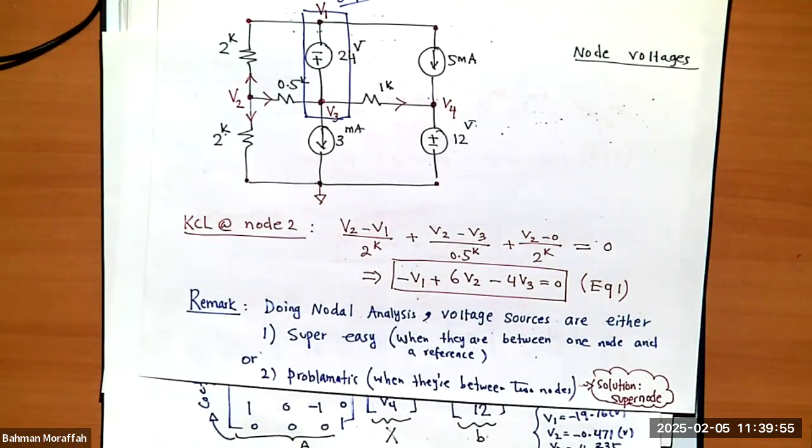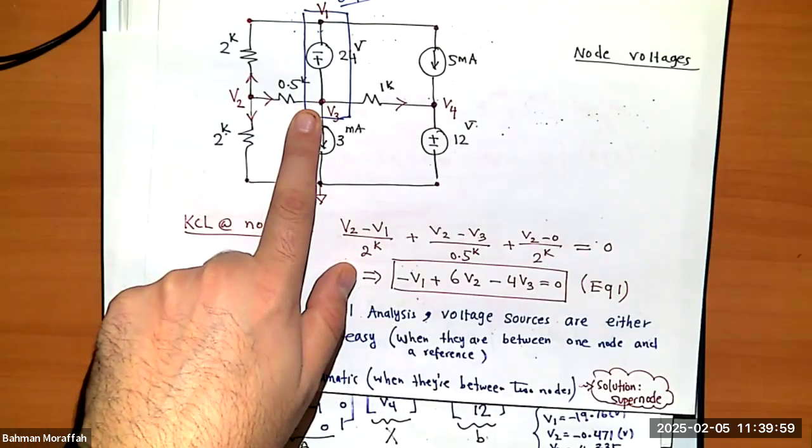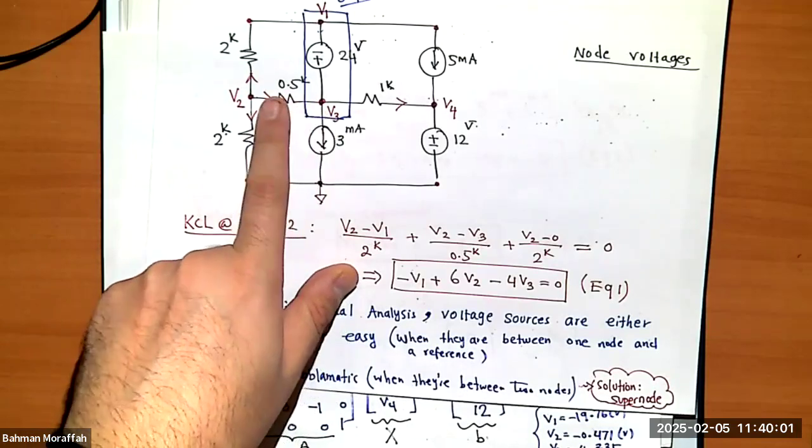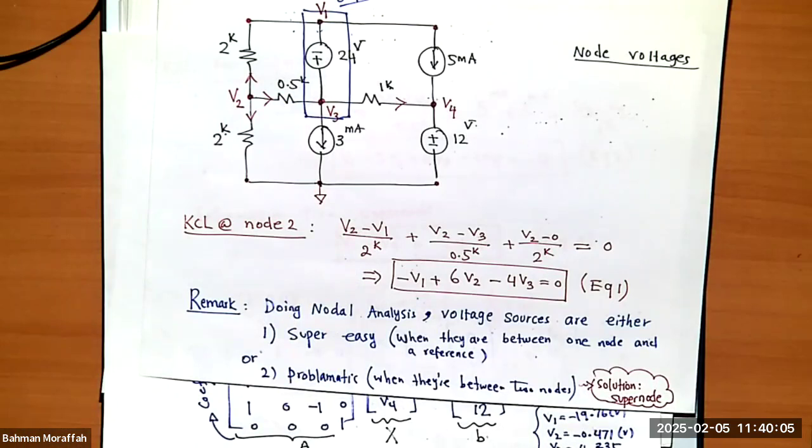If I ask you what is the current through this one, it's V2 minus V3 divided by 0.5. And I know everything in there. So as soon as I know the node voltages, I know everything in the circuit. Any question?